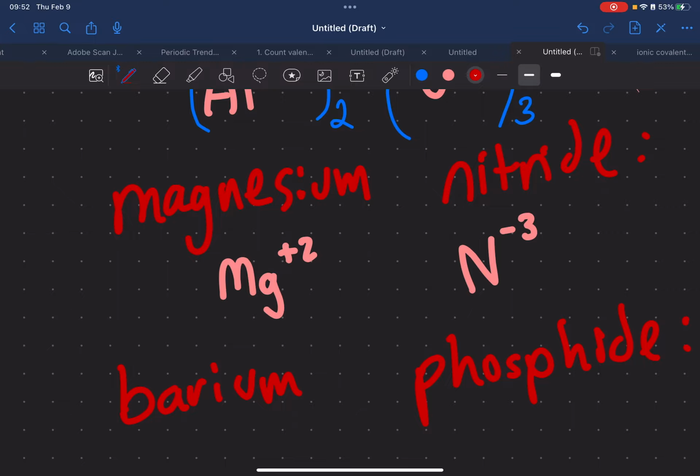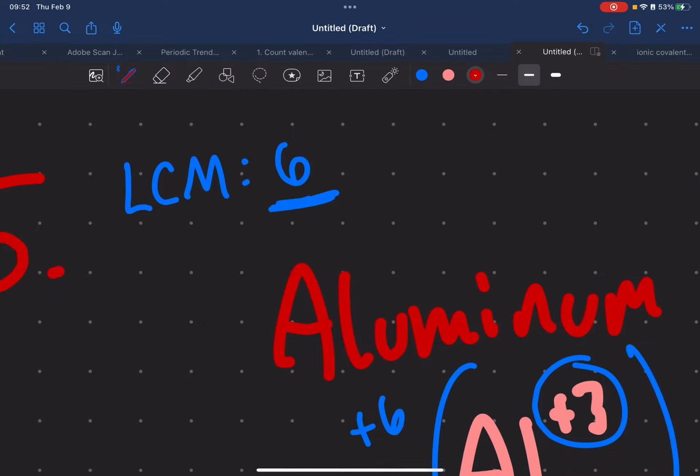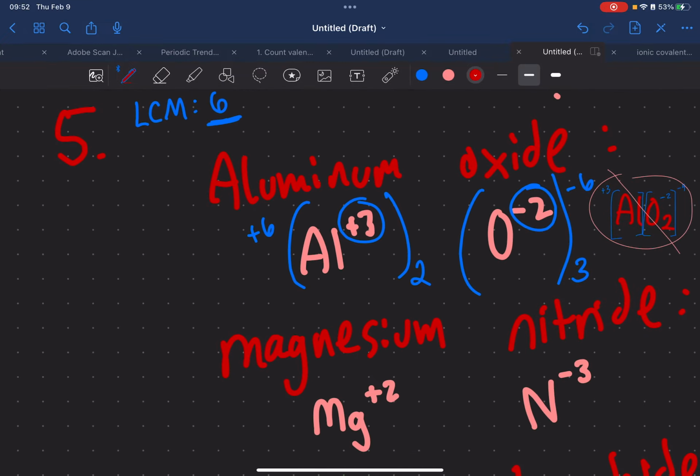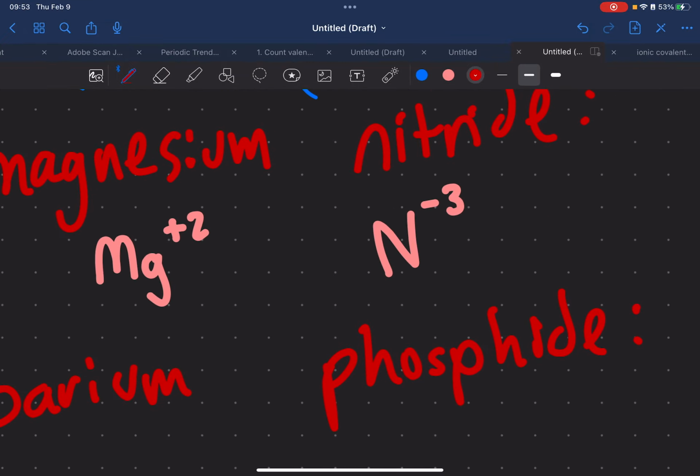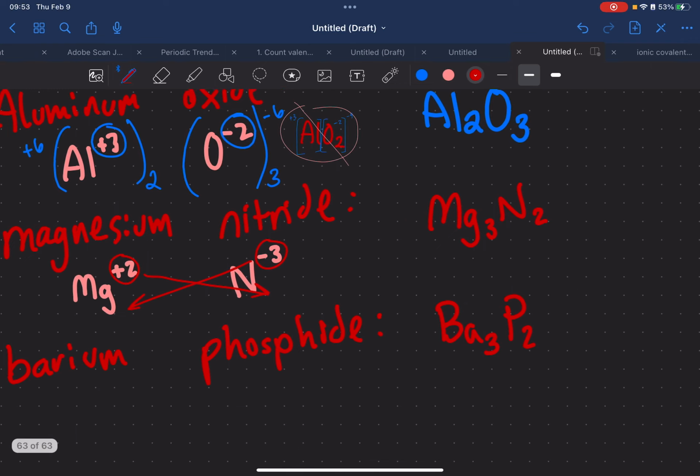Sorry. If that is confusing to you and you don't like this least common multiple stuff, and you don't really get what it means, then there's an easier way I'm about to show you. Remember crisscross from the first day of notes when we did ionic compounds. We can just crisscross the charges.